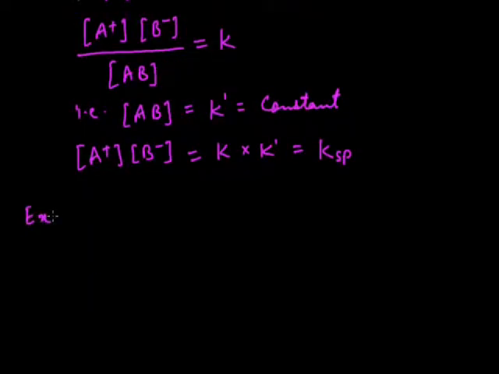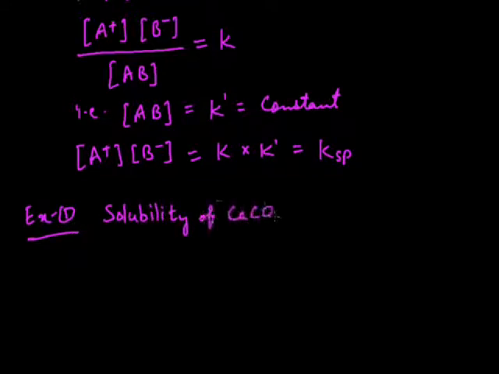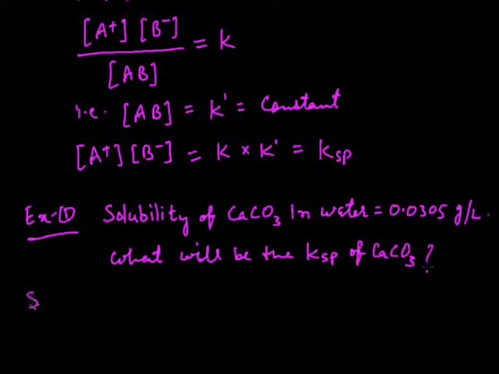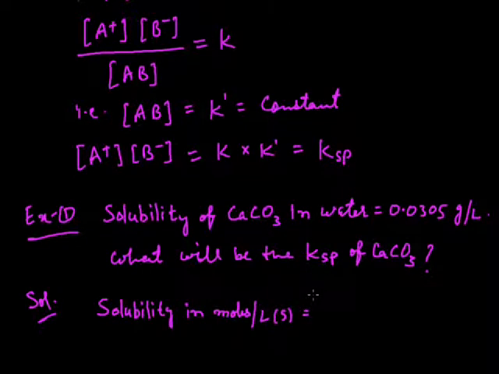Example 1. Solubility of calcium carbonate in water is 0.0305 gram per liter. What will be the solubility product of calcium carbonate? Solution: solubility in moles per liter is given by solubility in gram per liter divided by molecular weight.